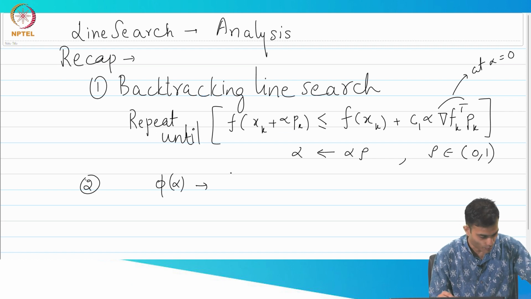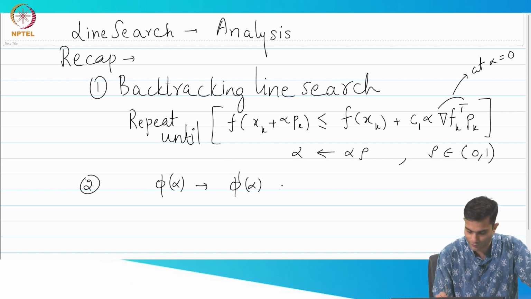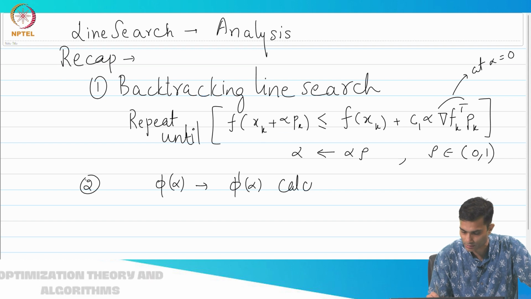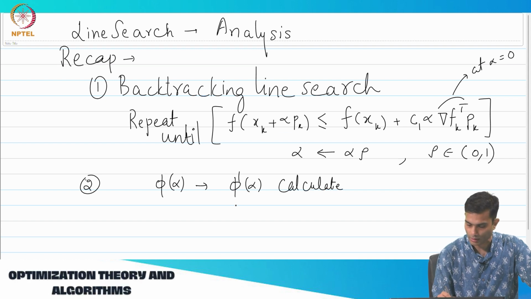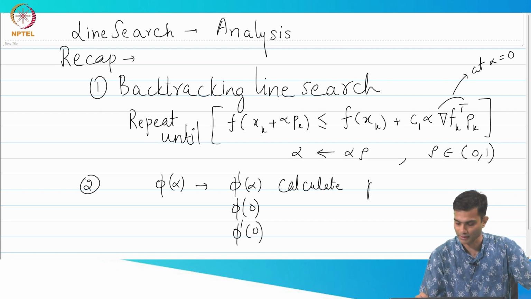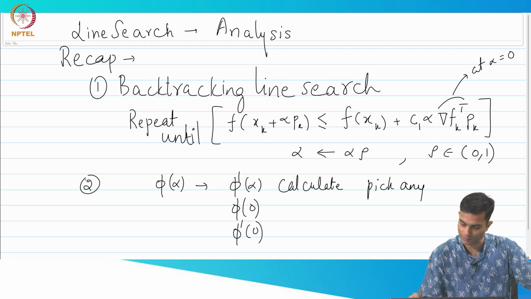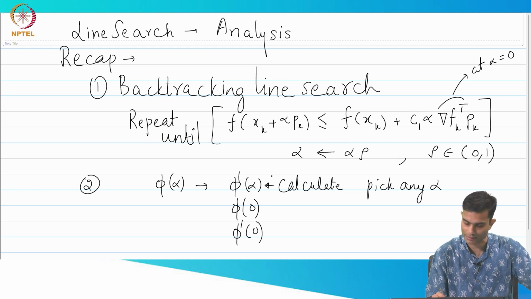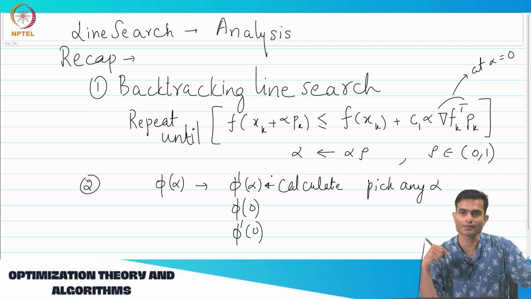Now I give you, for example, phi dash of alpha. I calculate this, and I calculate phi dash of 0. Pick any alpha and calculate this. So this gave me 3 different values of either phi or phi dash.